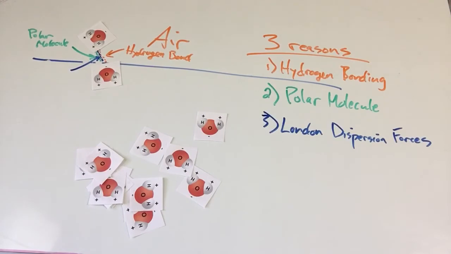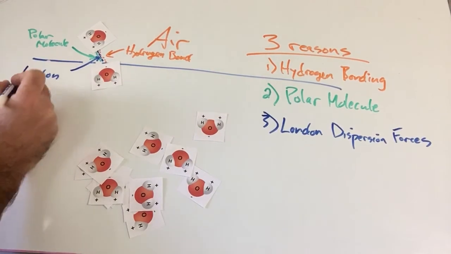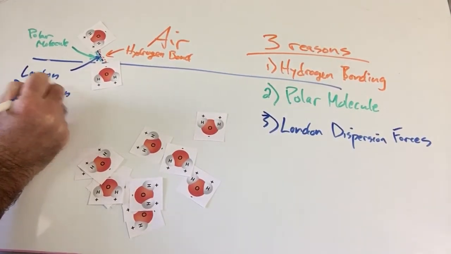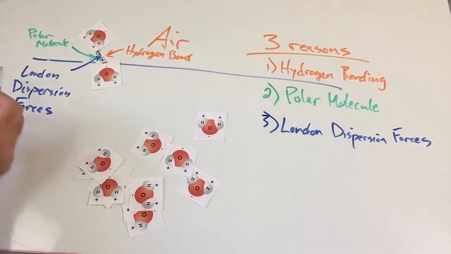So one end is going to become slightly negative, then slightly positive as electrons are zipping around without any rhyme or reason. Simply because it exists, we find London dispersion forces with everything that exists. So these are not unique. There's nothing really unique about London dispersion forces. All molecules experience them, but it is a third force.